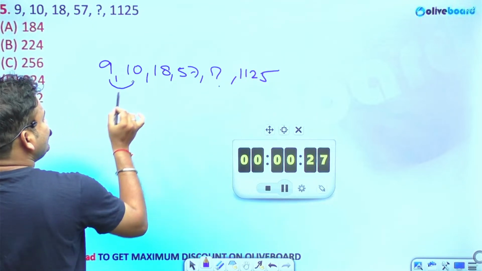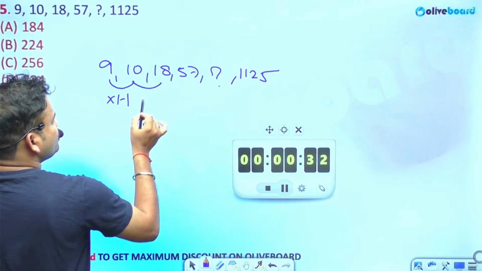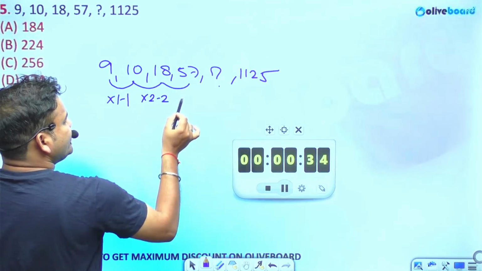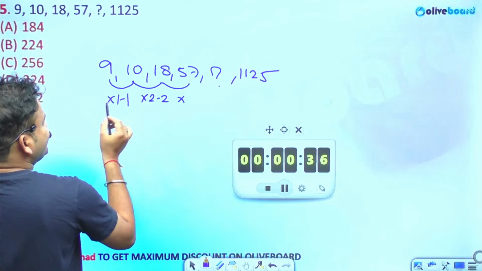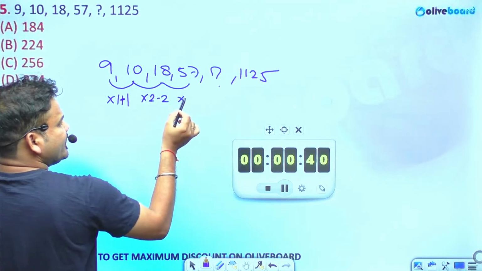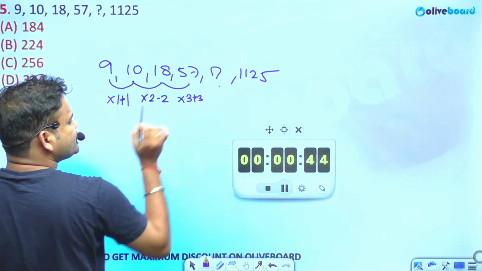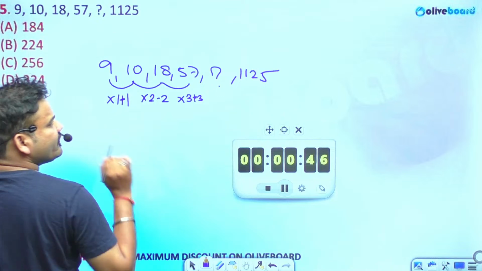So this is 9 into 1, plus 1, then 10 into 2, minus 2, 18 times 3, plus 3. So it's a product series, but consecutive addition and subtraction is there.